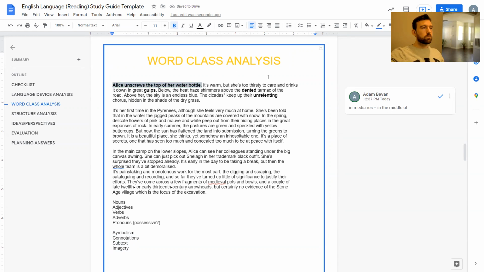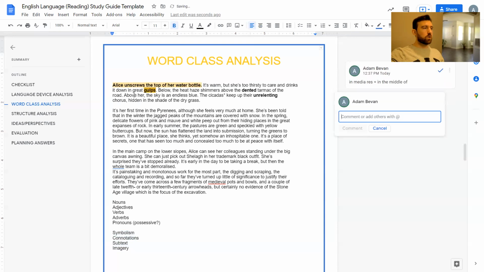It's warm, but she's too thirsty to care and drinks it down in great gulps. So this word gulps to begin with is a word that I'd like to think about. This word gulps, gulping, in this case it's a noun, but usually gulping would be a verb choice, right?